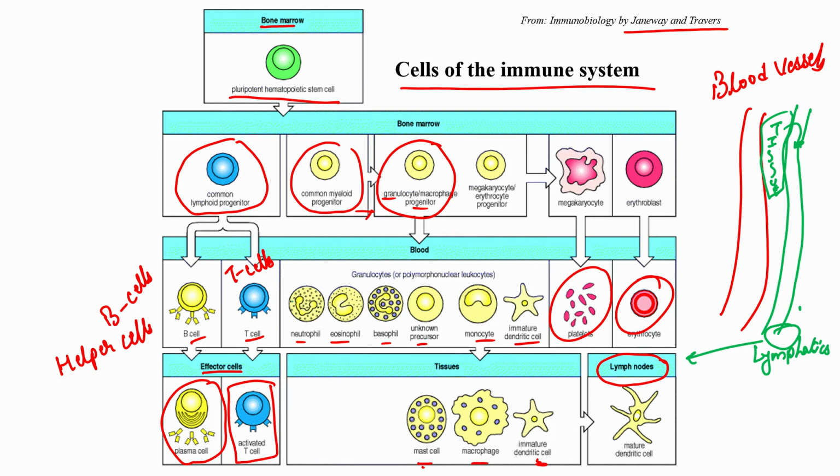All these B cells, T cells and other types of macrophages and dendritic cells are present in very high number, and they are continuously signaling as to whether there is something foreign. So, let us say there is a bacterial protein that is going to come in here, it is going to be picked up by one of these immune cells, particularly dendritic cells and macrophages, and it is then going to be presented to one of these effector cells or memory cells or the helper cells, which will then mount an effective immune response against it.